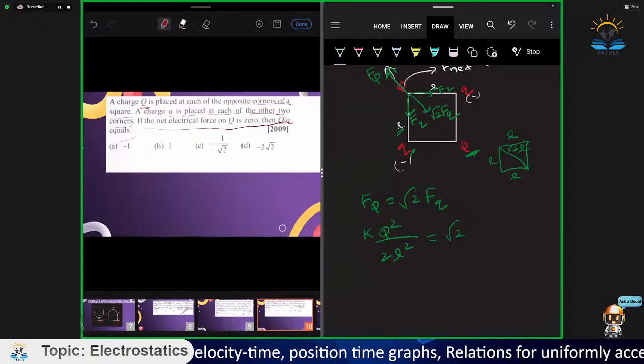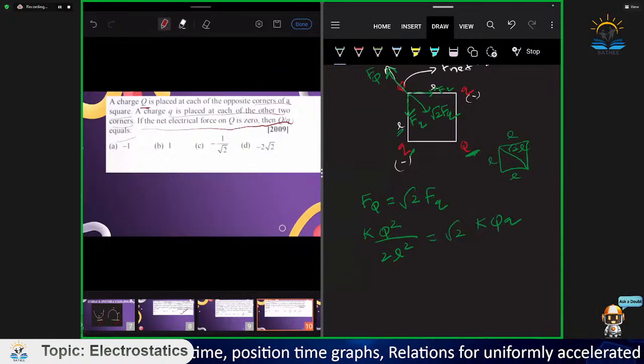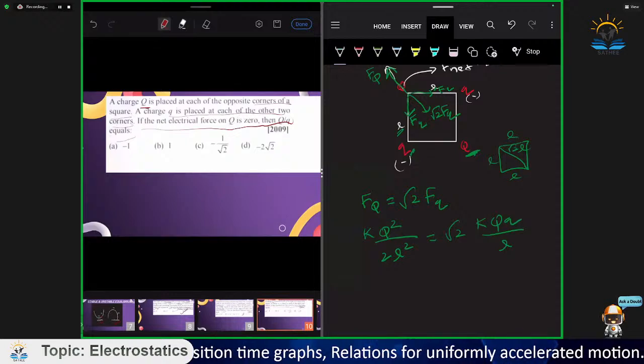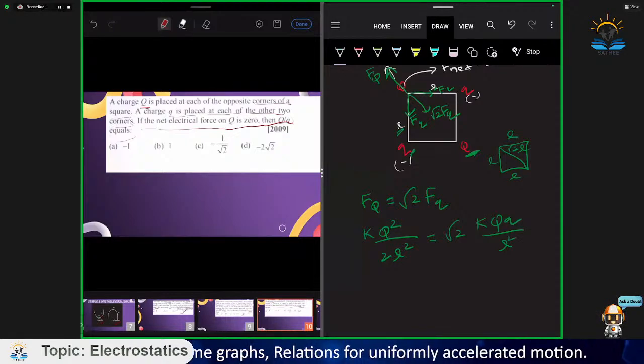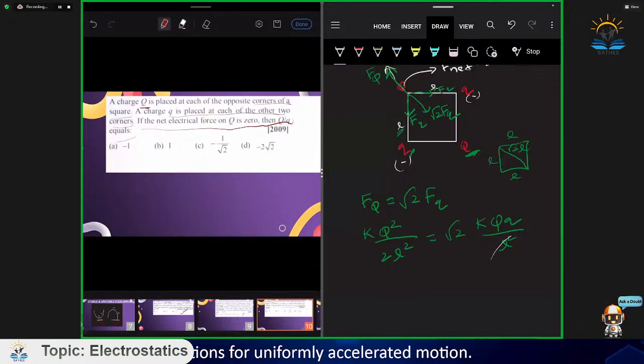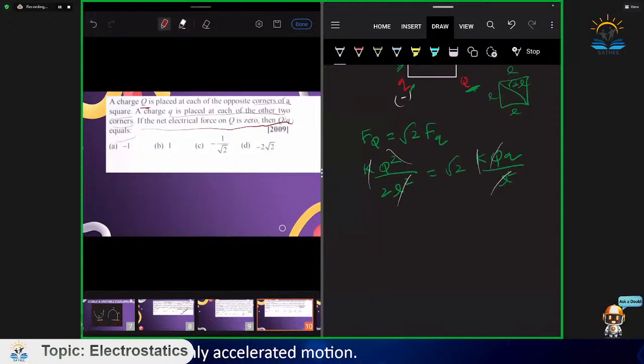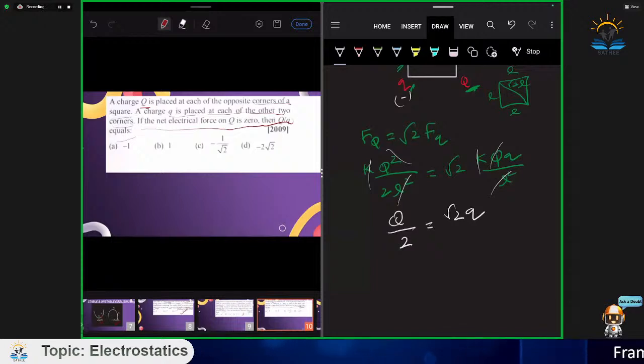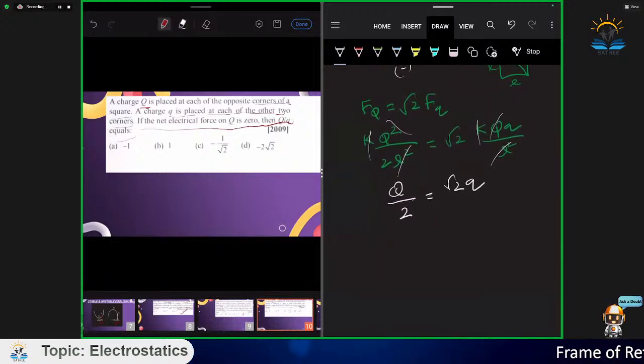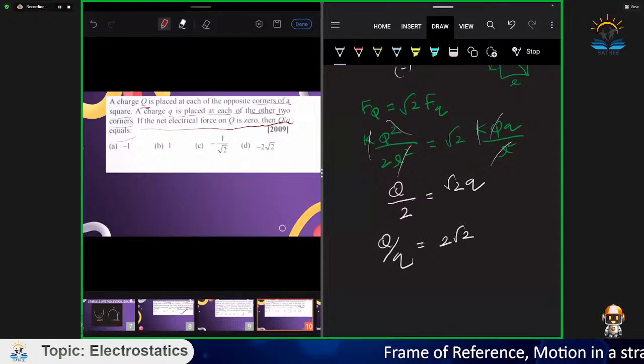Fq will be kQq divided by L square. So we can cancel this L square, and k also. So Q by 2 will be root 2 q. And the question asks the capital Q by small q ratio, which will be 2 root 2.